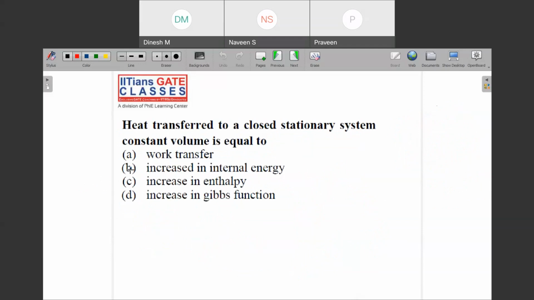Okay. Next question: heat transfer to a closed stationary system at constant volume is equal to? Mind the words closed stationary system at constant volume. We have seen that Q is du plus delta W, right?